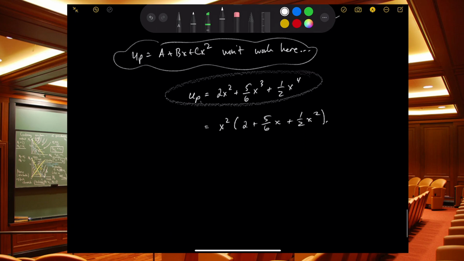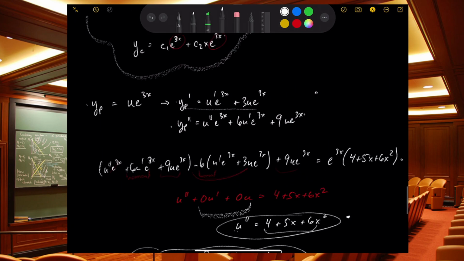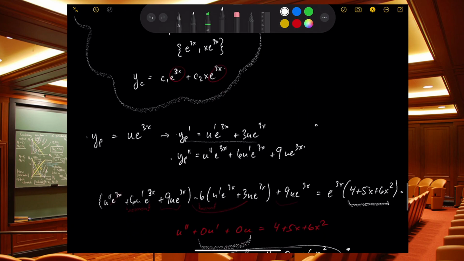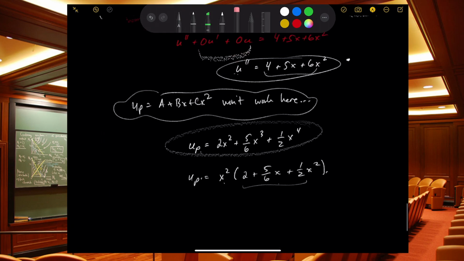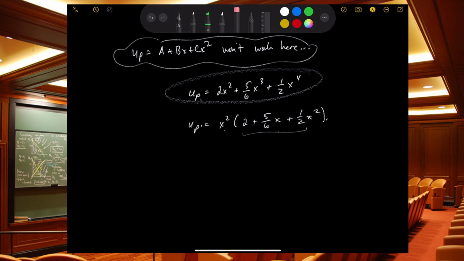So now we see that this u_p is x squared times some polynomial that has the same degree as the right-hand side of the equation. So then our y_p is u_p times e to the 3x.